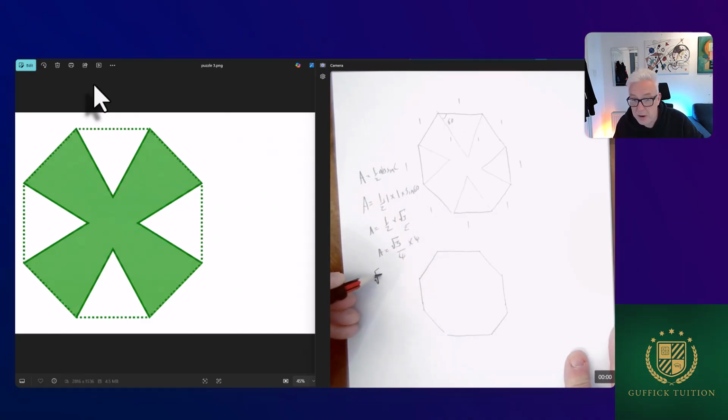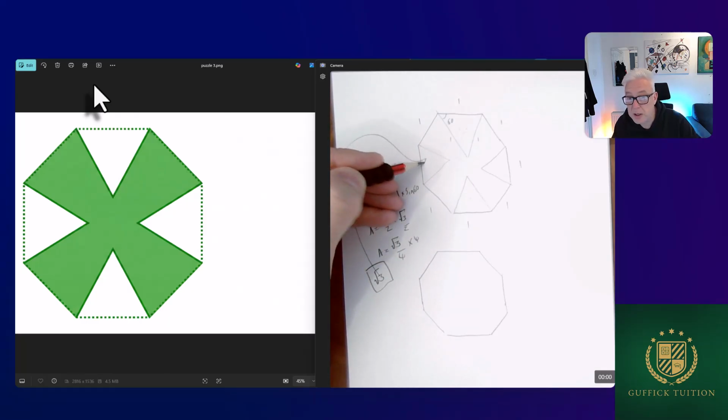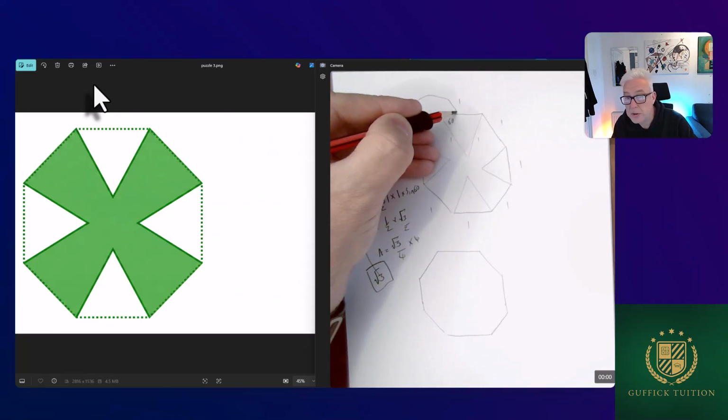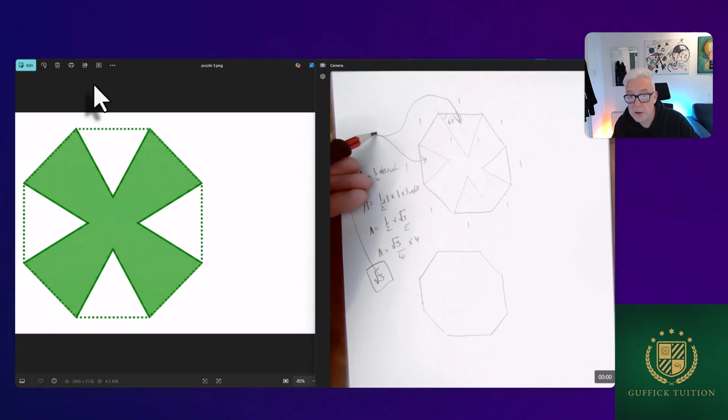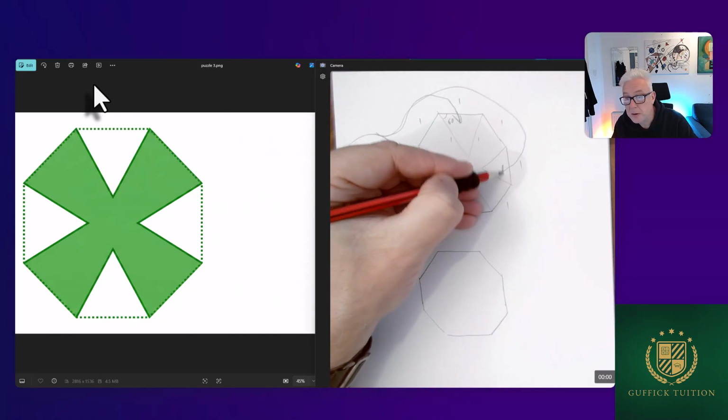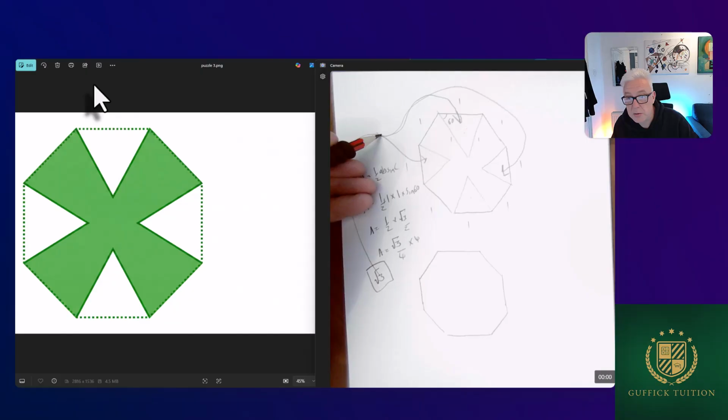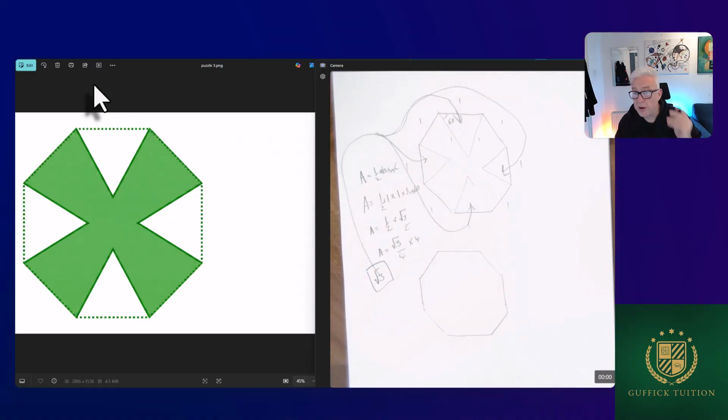So the area of all of the equilateral triangles is root 3. All of those add up to make root 3. So that's the first thing.